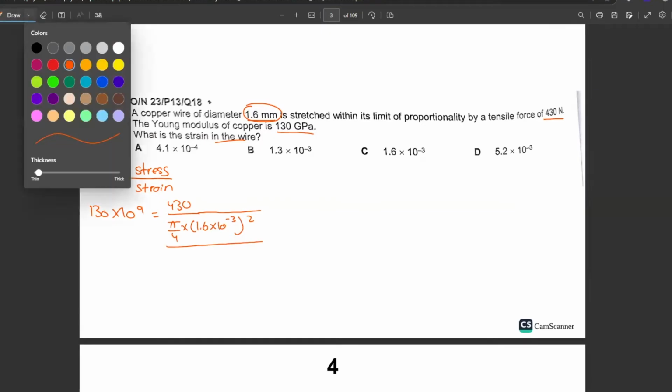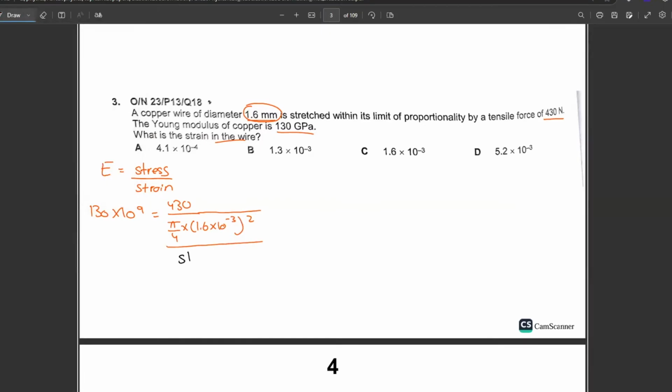Divided by the thing that you have to calculate, that is the strain. So 430 divided by pi over 4 times 1.6 times 10 raised to the power of minus 3, whole squared.